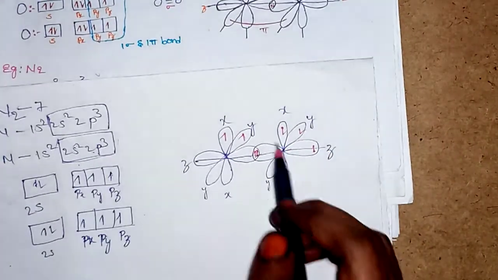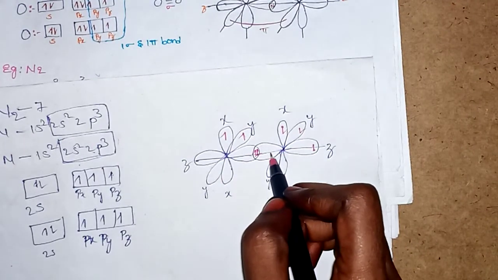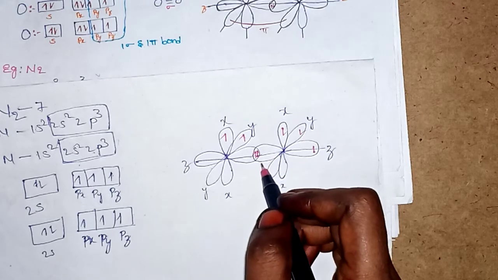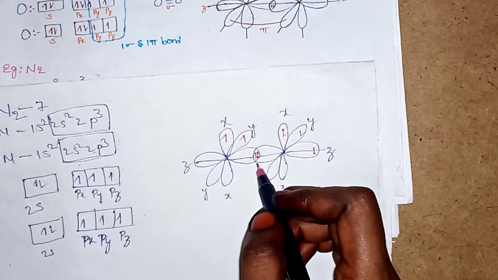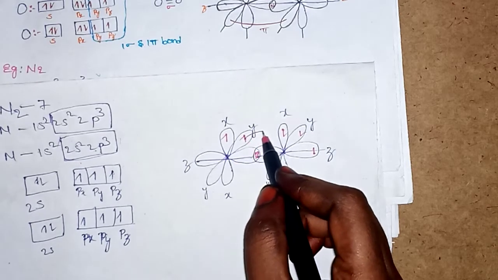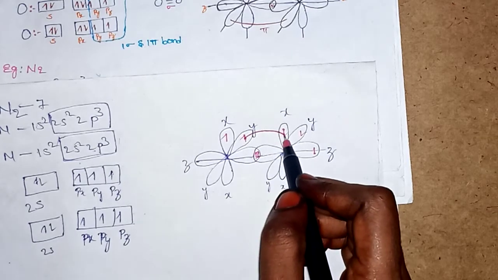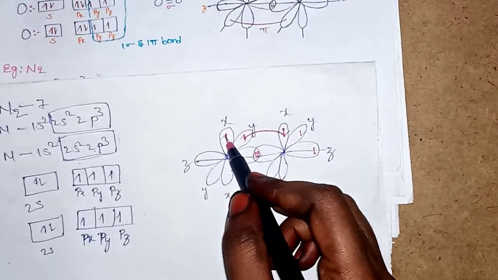Okay, if this 1 electron shares with this 1 electron, we will get a bond. Okay, na? So we will get one overlapping, and here also this electron will share with this electron, so we will get a bond, and this one also.